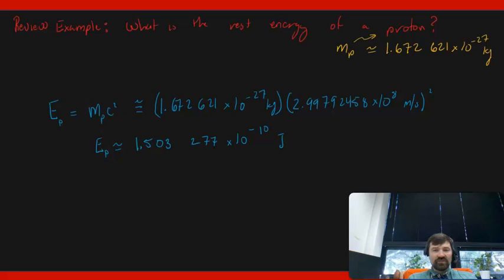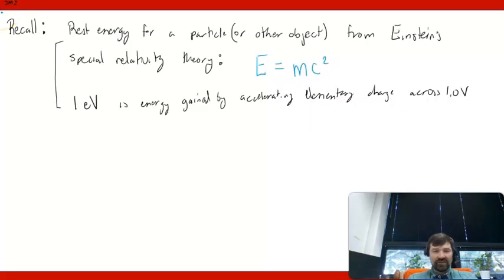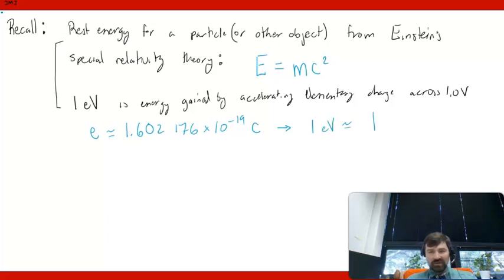Now we can of course convert that into eV by recalling that the elementary charge e is about 1.602176 times 10 to the minus 19 coulombs, and so that means that 1 eV is approximately 1.602176 times 10 to the minus 19 joules, because 1 coulomb through 1 volt is 1 joule.